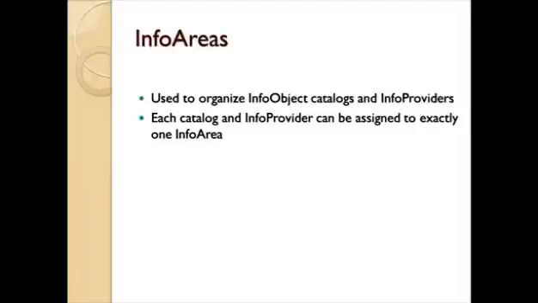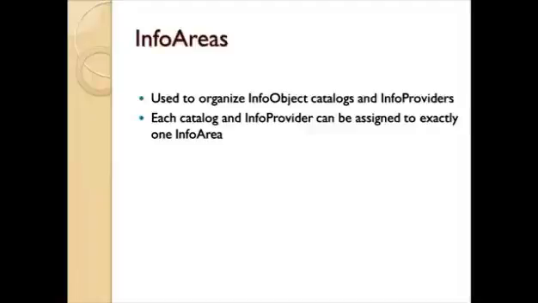Now, in the course, every student has been assigned to one info area. Or maybe a better way to say this is that an info area has been created for each student. So you have your own info area, which allows you to store your info object catalogs and info objects and so on.